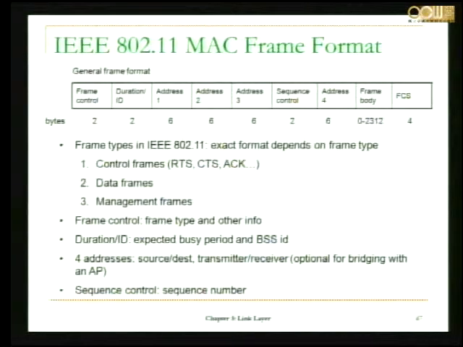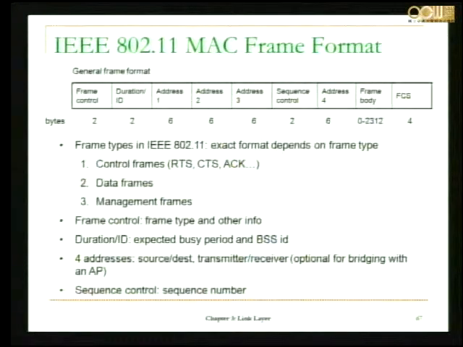There are 2 addresses that are essential, which are the source and destination MAC addresses. Each of them is 6 bytes. And how about the other 2, address 3 and 4? They are the transmitter and receiver addresses, which are optional for bridging with an AP, access point.